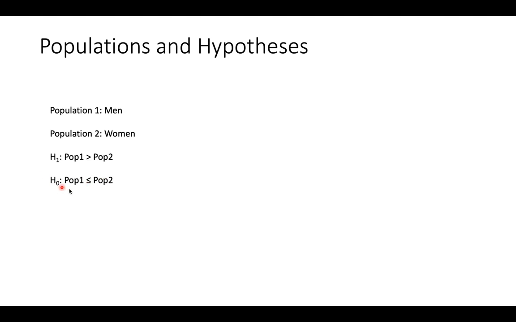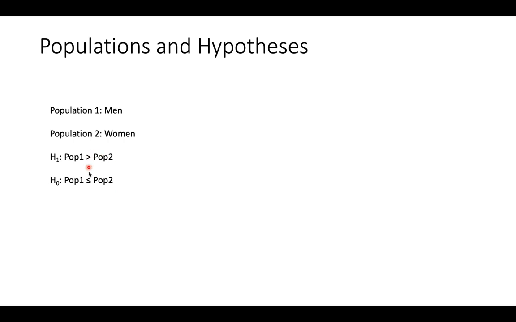Basically, the null is every possible eventuality that would make the research hypothesis incorrect. So if we think men are going to be greater than women, then we're incorrect if men are less than women, and we're also incorrect if men are equal to women. So that's the null, the nothing, right? Our research hypothesis didn't come through.